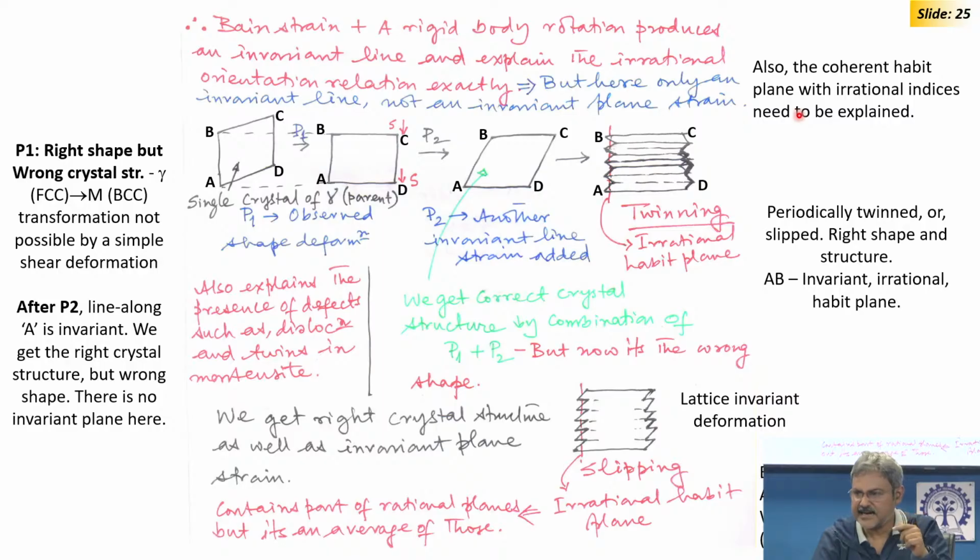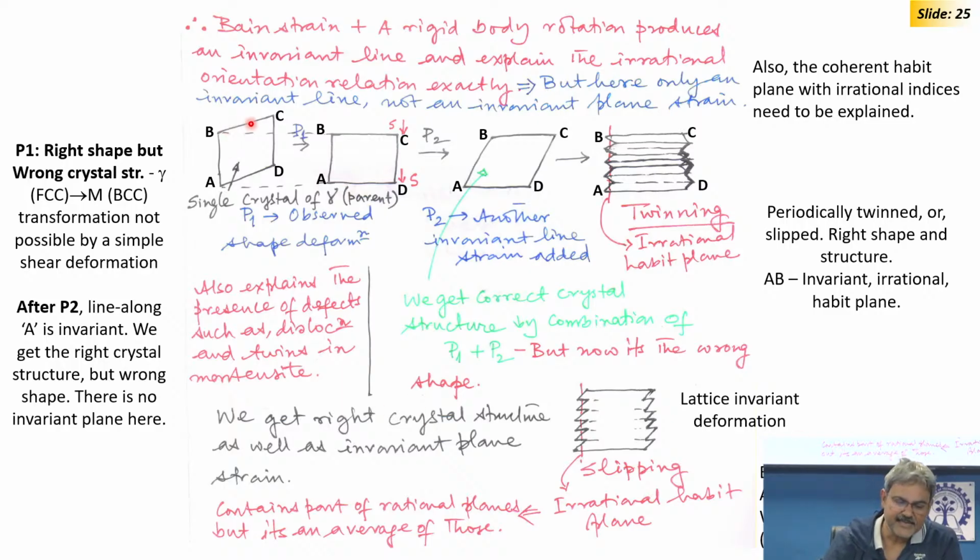One is the invariant plane, and second thing you cannot explain is the irrational indices of the invariant planes. Okay? Why of the habit plane? Why does that happen? So, there comes a very important theory which is called phenomenological theory of martensitic transformation by Bowles and Mackenzie, and Wechsler, Lieberman and Read at the same time almost they have proposed it.